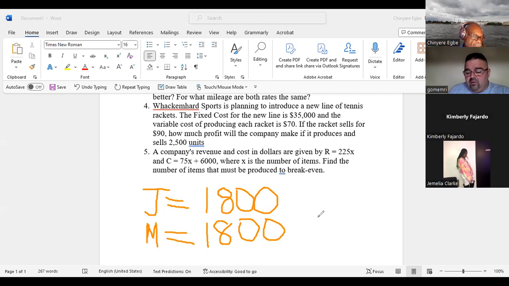So you're going to get 80 plus 64, which is 144. But J will get 64 plus 1,800 times 0.04. So it's going to get 64 plus 72, which is 136. Well, so who's making more money?